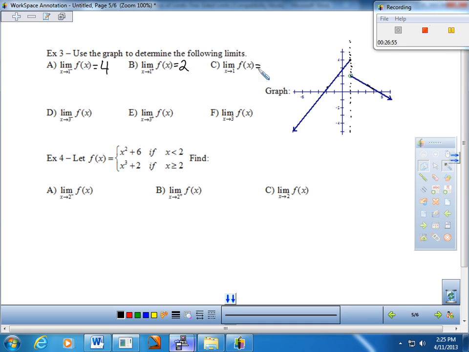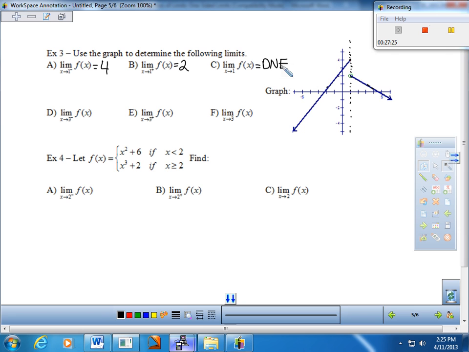The bottom line here is, for a limit to exist, we have to be approaching the same value from both sides. So when I say the limit as x approaches 1, this means from both sides. In this case, the left side I'm going to 4, the right side I'm going to 2. Those are two distinct, different numbers. And as a result, because those two sides are different, we would say does not exist.